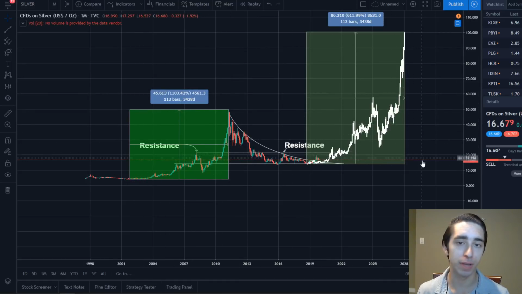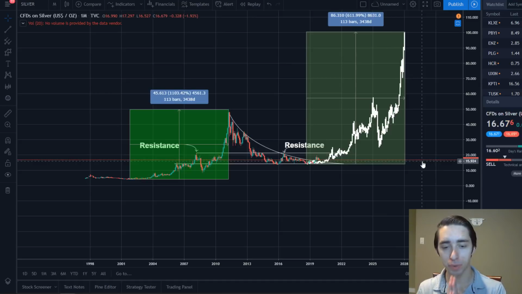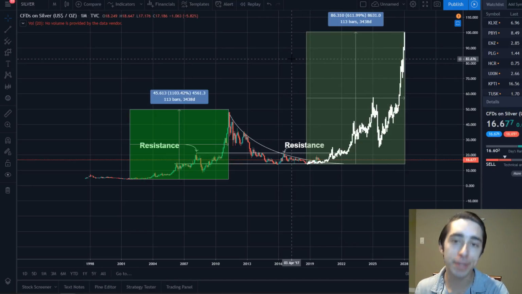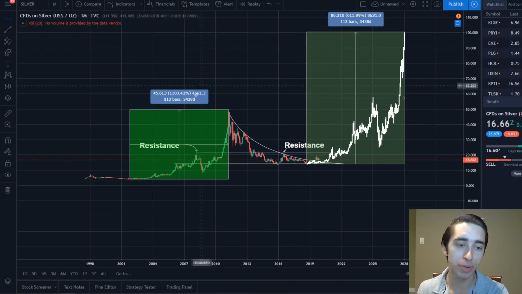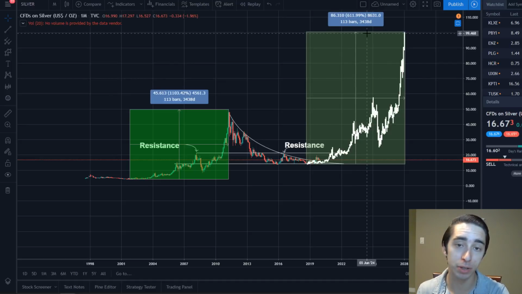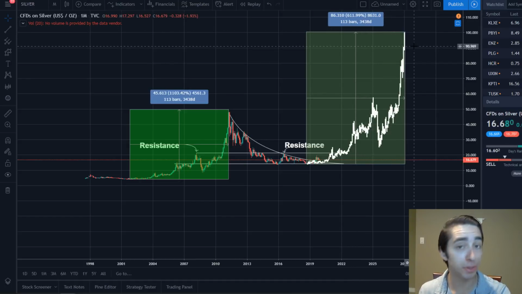Okay? So I want to go ahead and talk here about this line here. This is the last portion here, and also the box chart. There is no guarantee that in this cycle, we are going to have to wait 113 months to get to the all-time highs or new all-time highs of silver to finish out the cycle. And it may be that it's more than 113 months. That's another thing to factor.